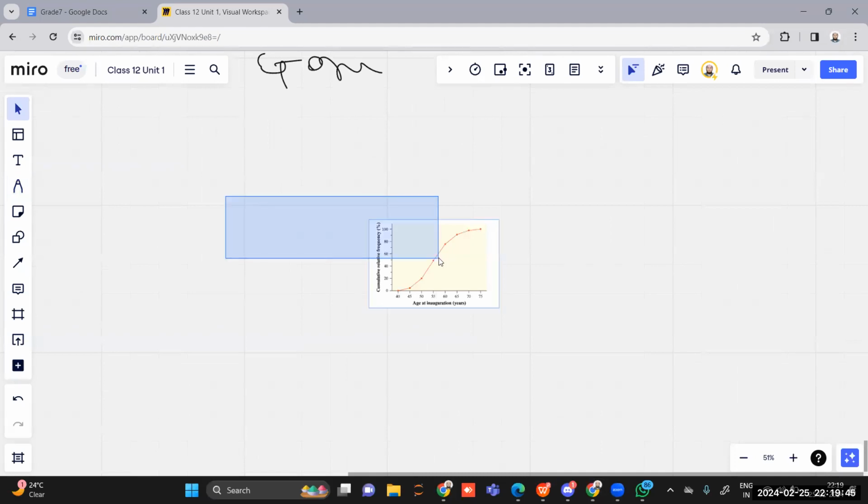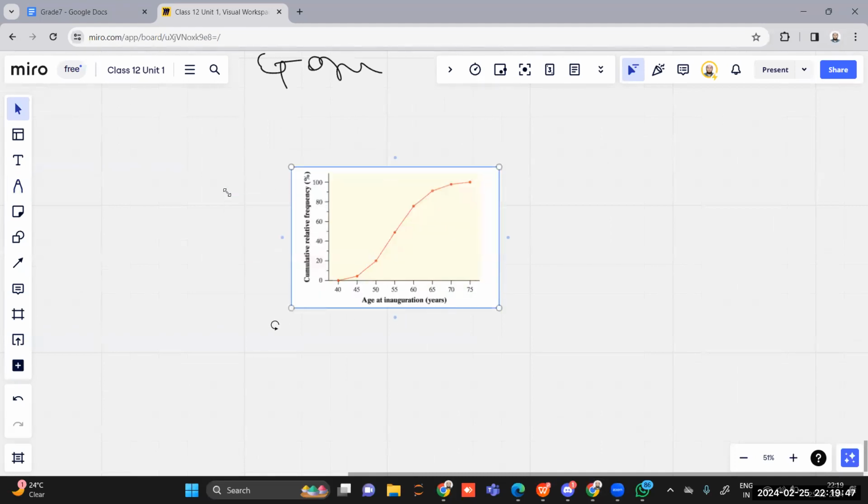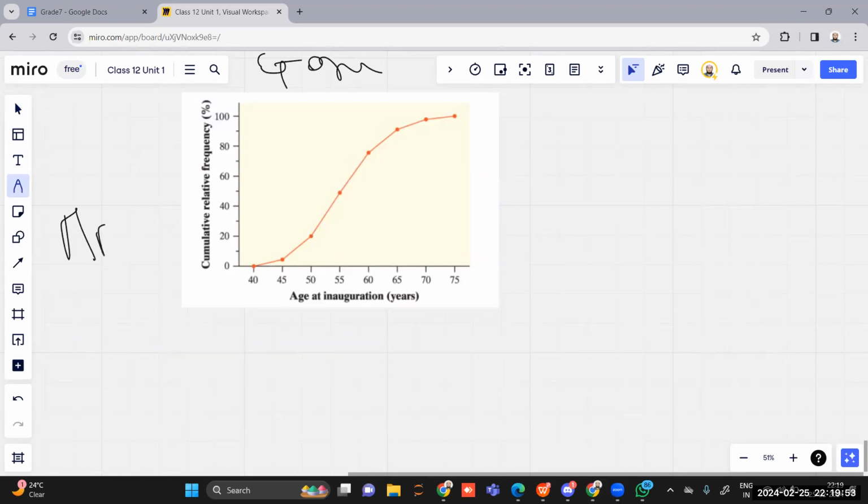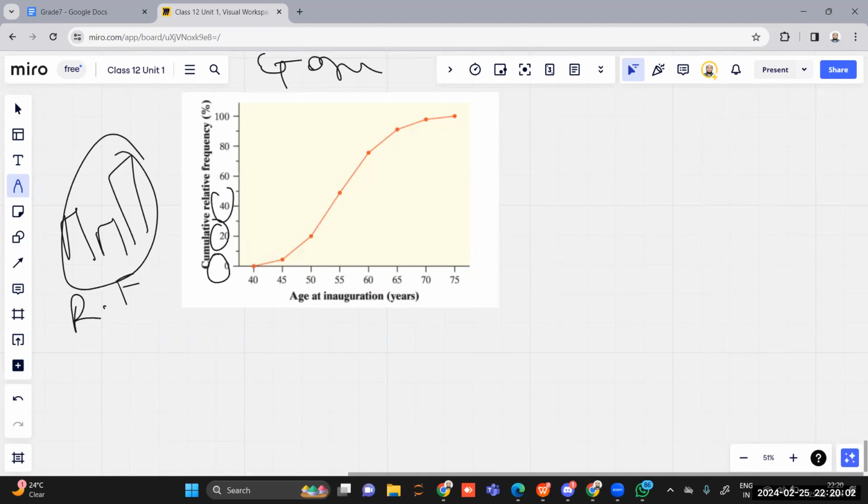Likewise for the relative frequency that we studied earlier, the values were always in percentage, and we drew the bars according to the percentage in the previous chapter. Now we take 0%, 20%, 40%, 60%, 80%, and 100%.